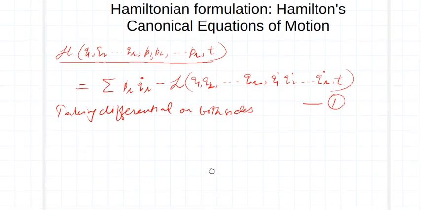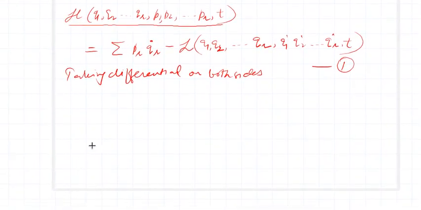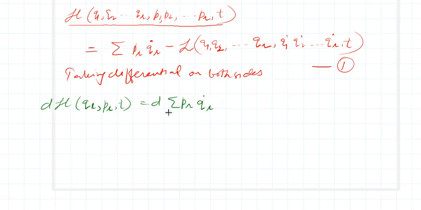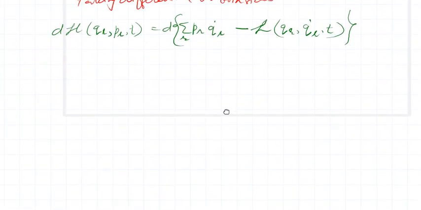If I take the differential on both sides, then this can be written as dH, where H is a function of QR, PR, T, and it is the differential of summation over R of PR QR dot, minus L, which is a function of QR, QR dot and T. When we solve these differentials, they can be written as follows.